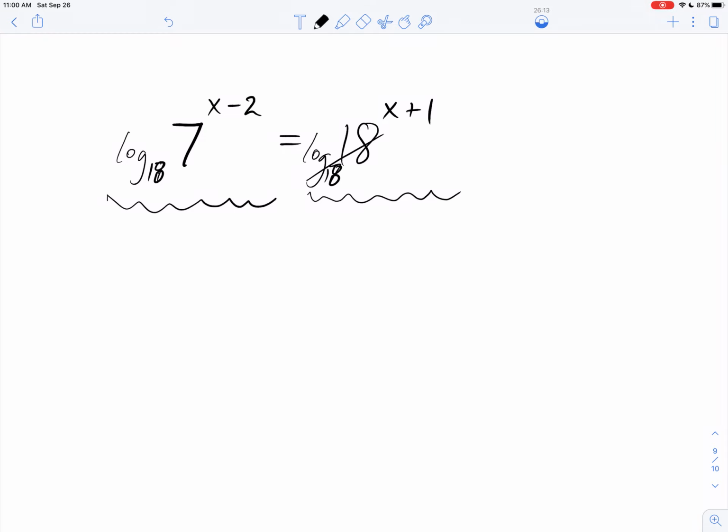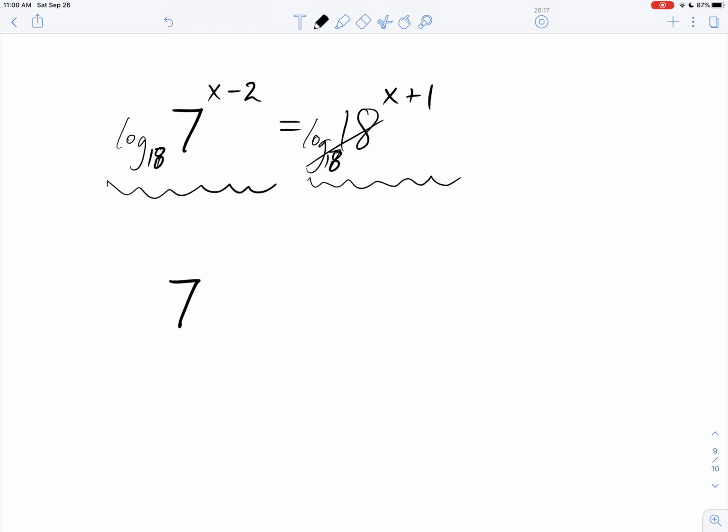So here is my word of wisdom. When you have a problem where you know you cannot get the bases to match, and there are variables on both sides, this is the worst case scenario. Do yourself a favor and just use regular old log, common log.